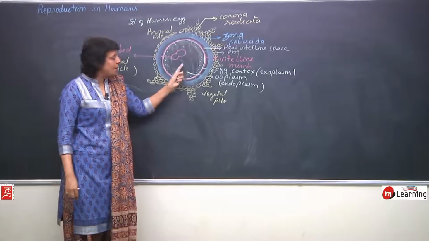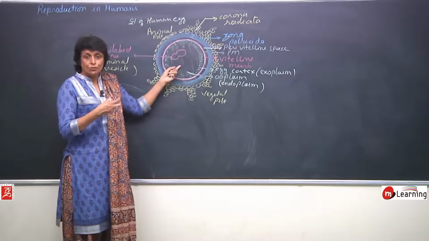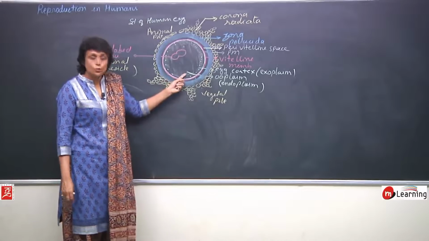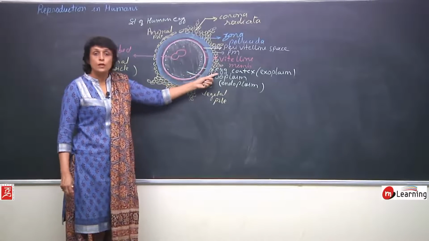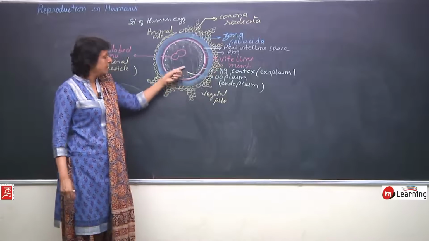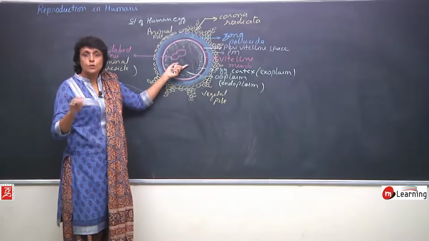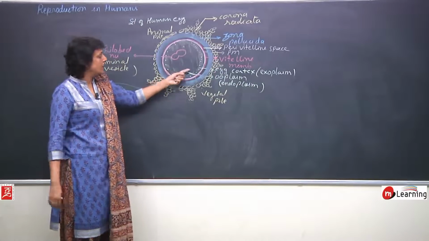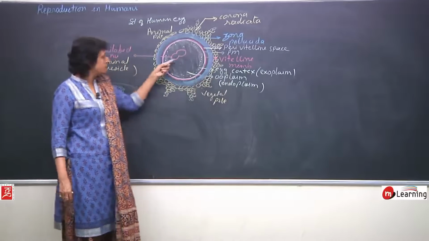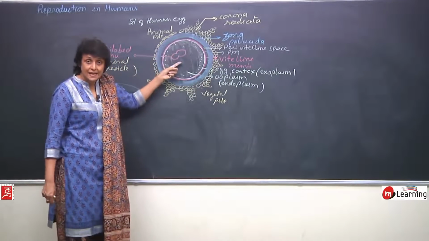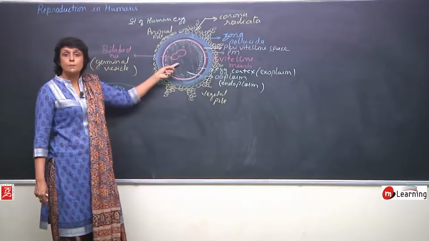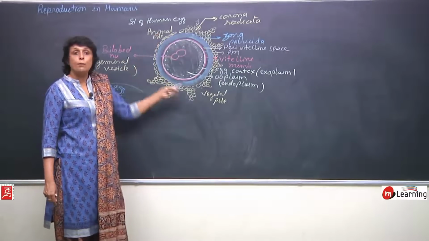So, in the egg there is cytoplasm, which is divided into two zones. The outer zone is denser, granular, and is known as cortex or exoplasm. The inner is more or less smooth, non-granular, and is known as endoplasm or ooplasm. There is a big bilobed nucleus which is eccentric, and this eccentric position gives the egg a polarity.